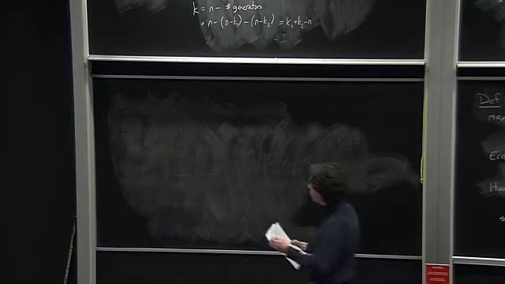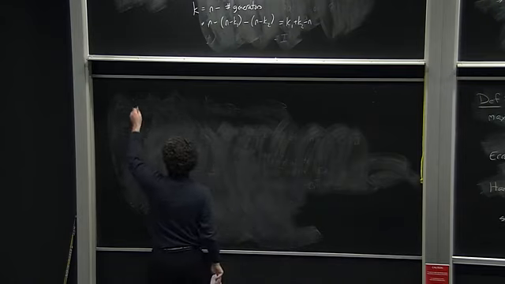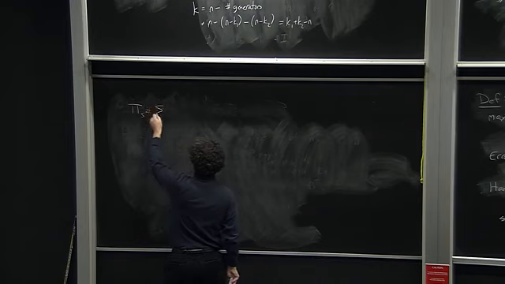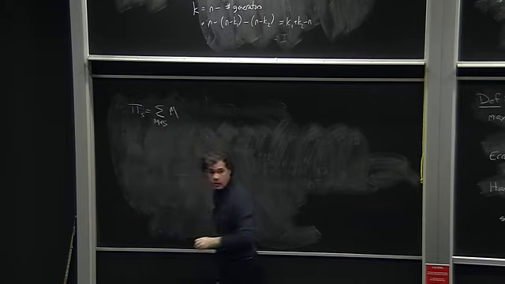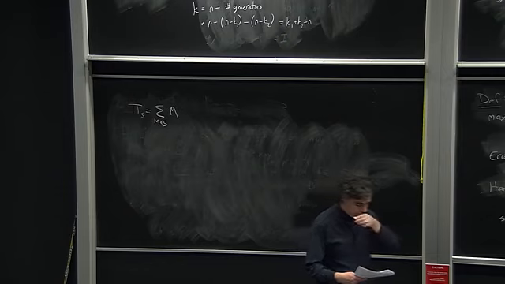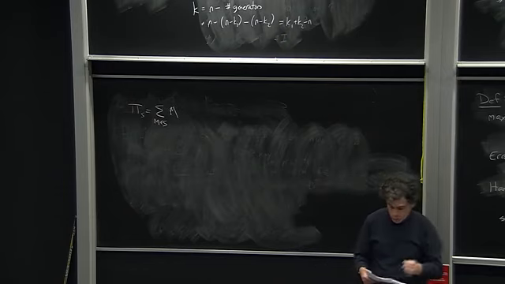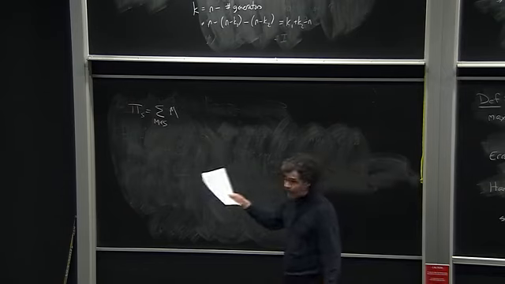So remember that we had this projector onto the code space, which up to normalization just looked like this. A sum over everything in the stabilizer. Well, what we can do is we can factor this out.